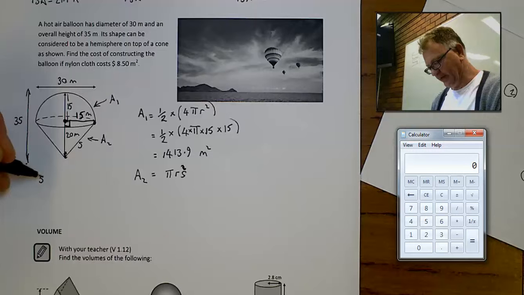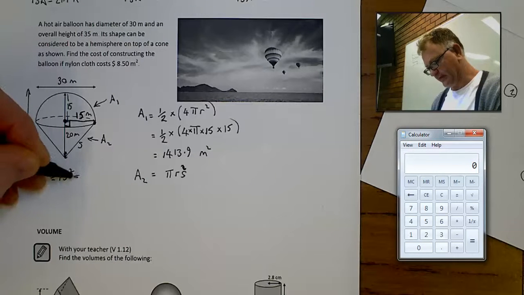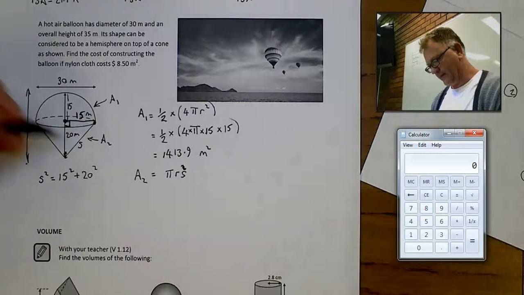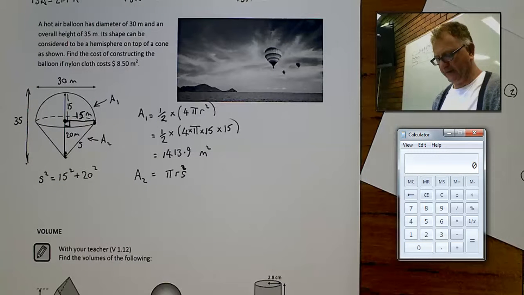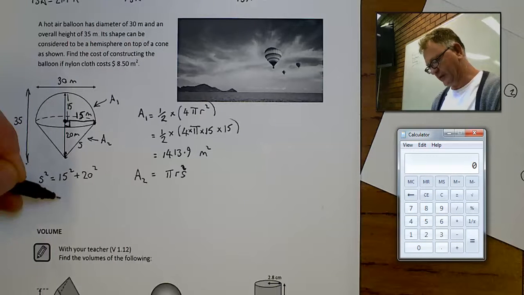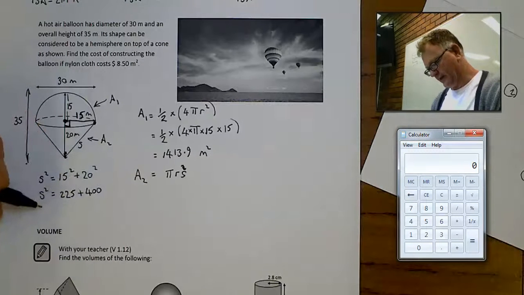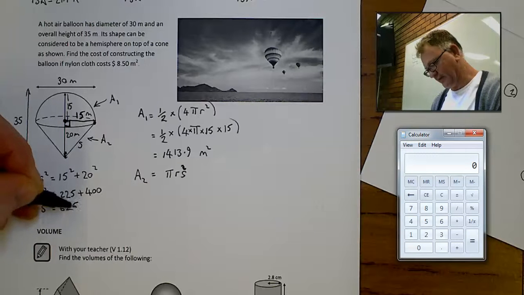We can say that s squared, the hypotenuse, is equal to the sum of the other two sides squared. s squared equals 15 squared plus 20 squared. That means s squared equals 225 plus 400, so s squared equals 625.